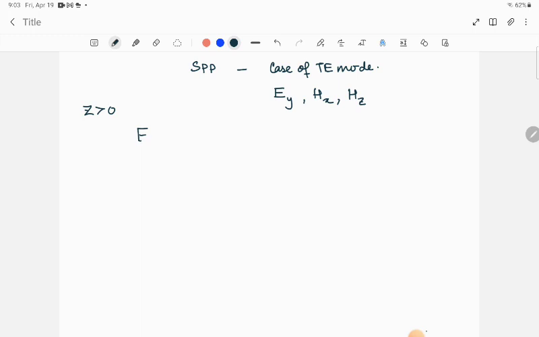The form of Ey, as we can write down, is A2 exponential i kx x and exponential minus k2 z. This is for z greater than 0. Yeah, this is for the dielectric part.